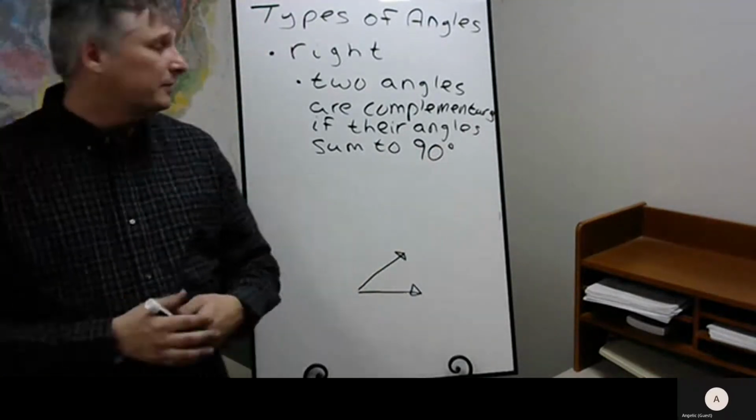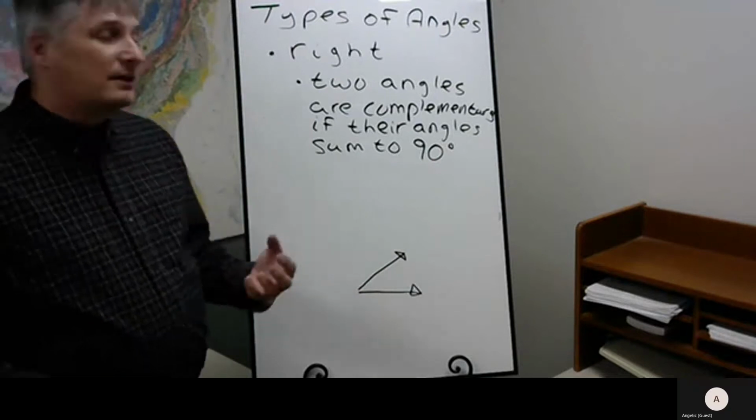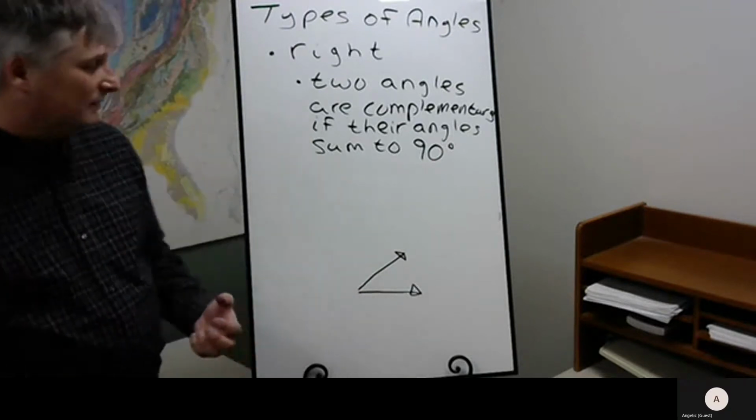Two angles are complementary if they sum to 90 degrees.